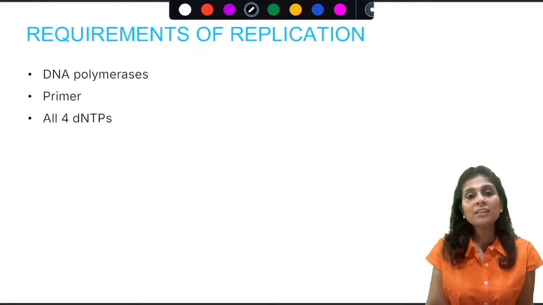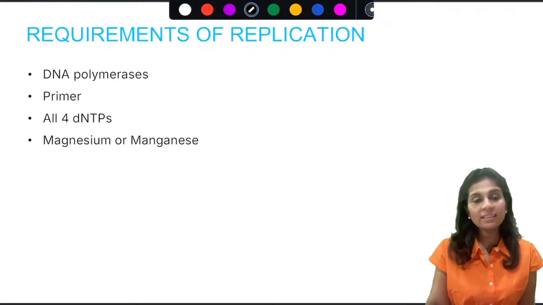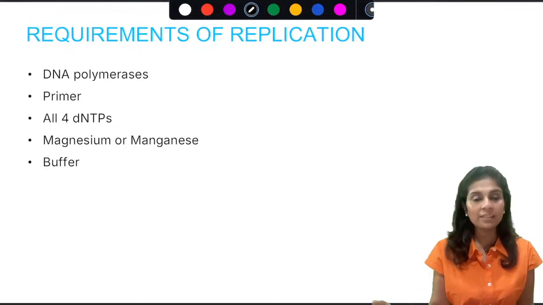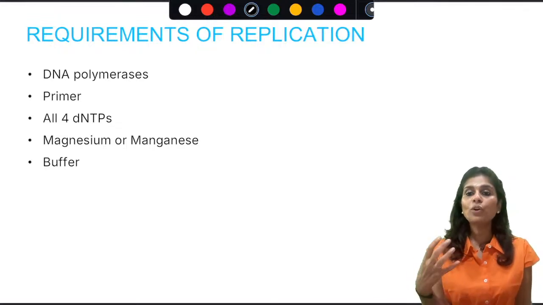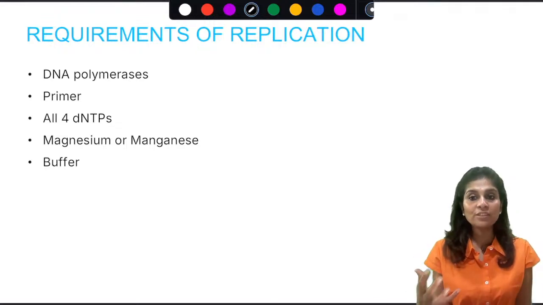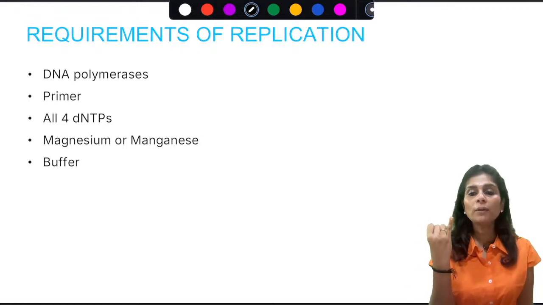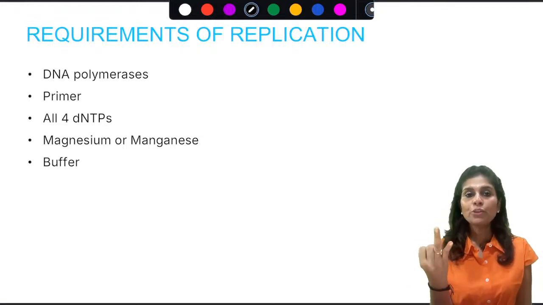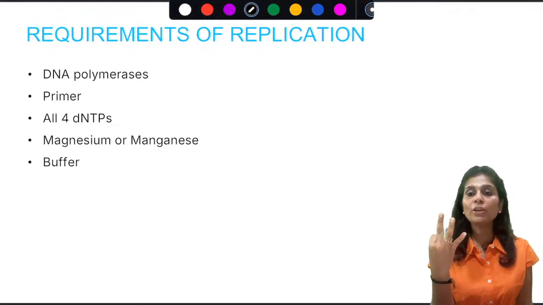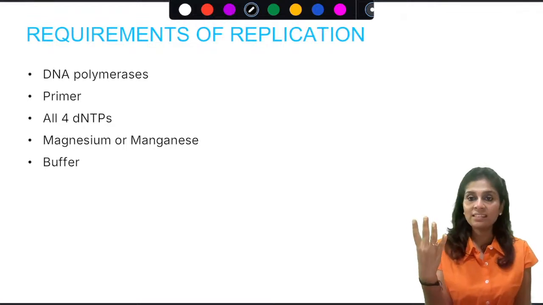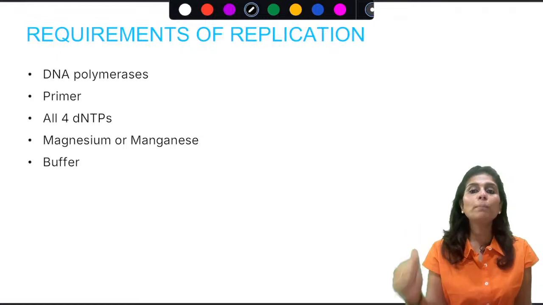They need magnesium or manganese to act as a catalyst. They need a buffer to maintain the pH. So if you are asked what are the requirements of replication, your answer should be DNA polymerase. All DNA polymerases need primers. You need all 4 deoxynucleotide triphosphates, magnesium or manganese to act as a catalyst, and a buffer to maintain the pH.